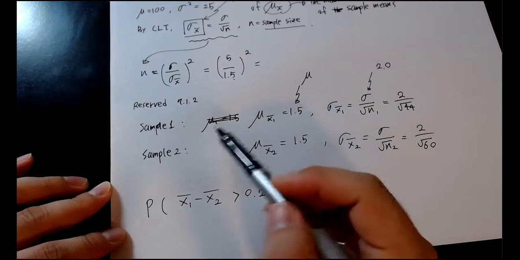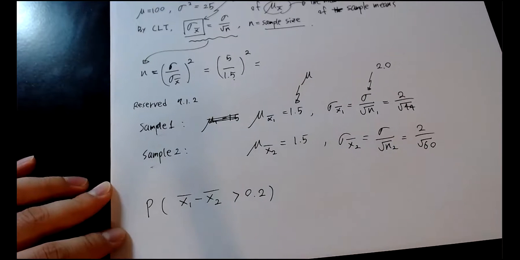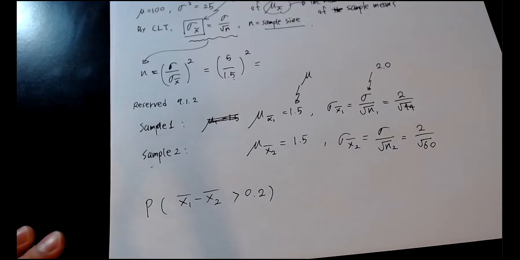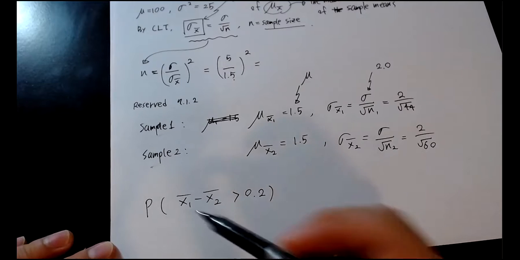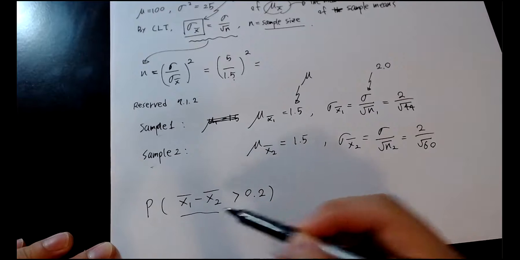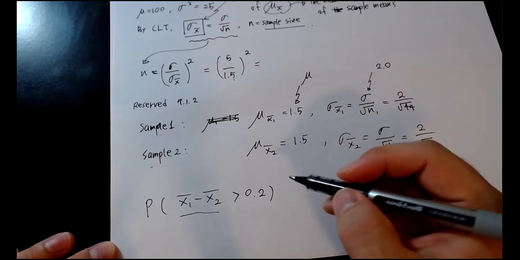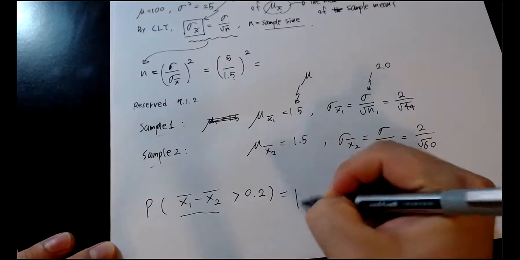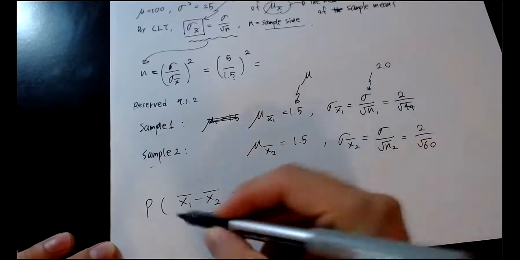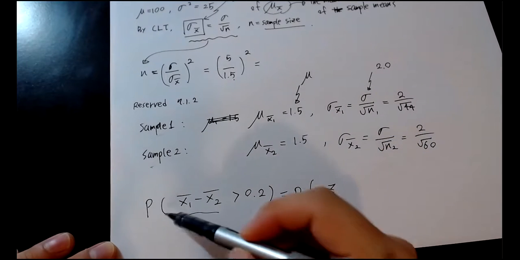Sample 1 and sample 2 are normal distributions. X1 bar and x2 bar are normal distributions, and the two random variables x1 bar and x2 bar are independent. So the difference of x1 bar and x2 bar is a normal distribution. We're going to find the z-score of x1 bar minus x2 bar, because this is a normal distribution.